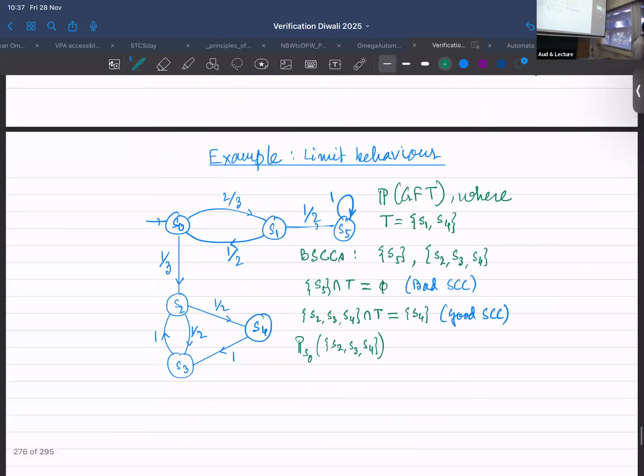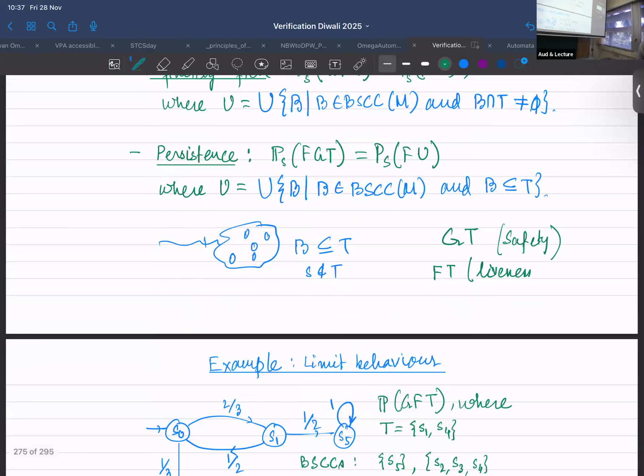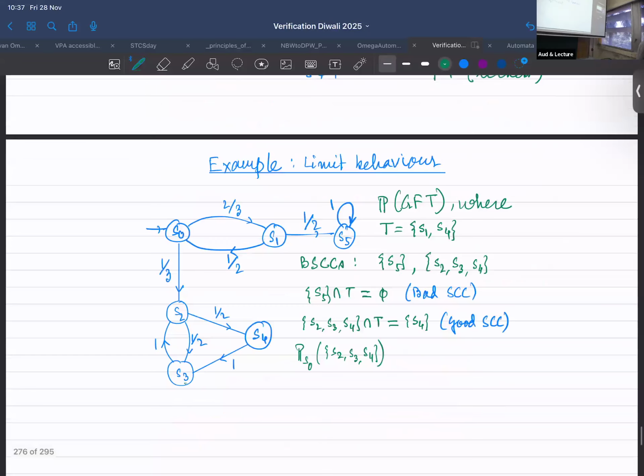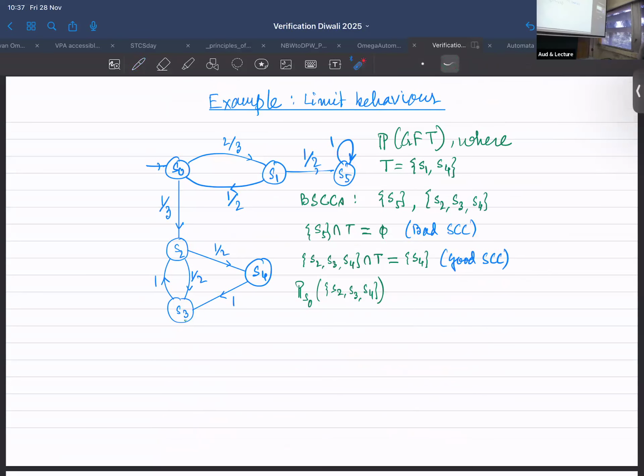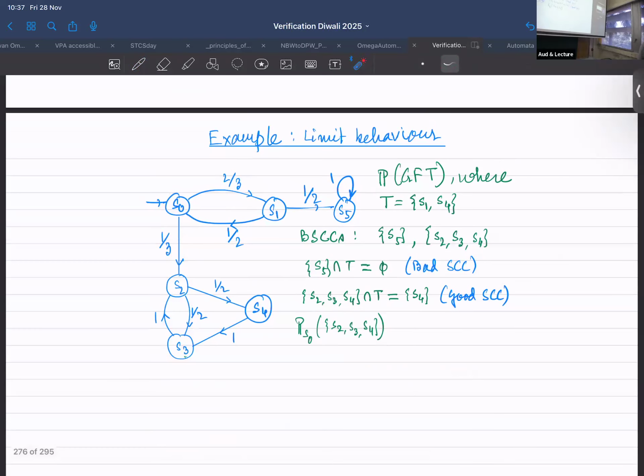Okay. Right. So now let's look at this example. So you have S3, S4. In fact, I said S1 and S4 is your T, and I'm going to talk about globally eventually T. So infinitely often I would like to visit these states S1, S4.